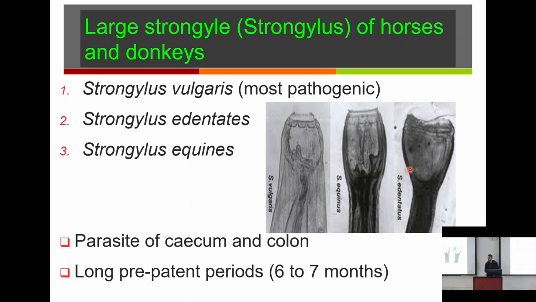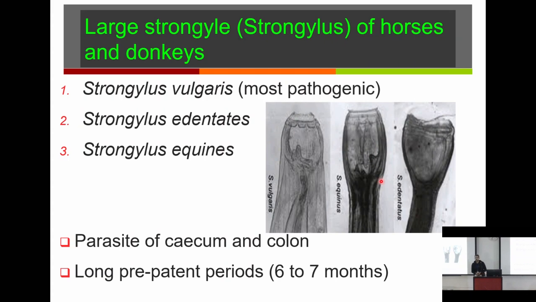The most important species is Strongylus vulgaris, highly pathogenic. The other two important species are Strongylus edentatus and Strongylus equinus. So you will see the mouth parts of these three parasites. They are pretty different based on their teeth and the buccal cavity.